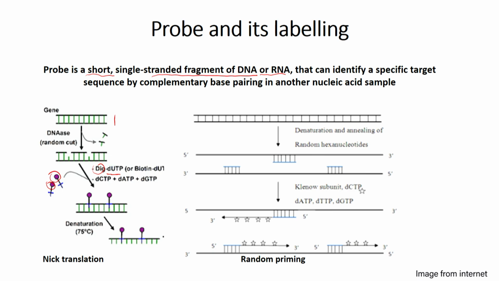The second way is by random priming. Here DNA is denatured, then random hexanucleotide primers are added and then the Klenow subunit, as I discussed, along with dCTP, dATP, dTTP, dGTP plus label.